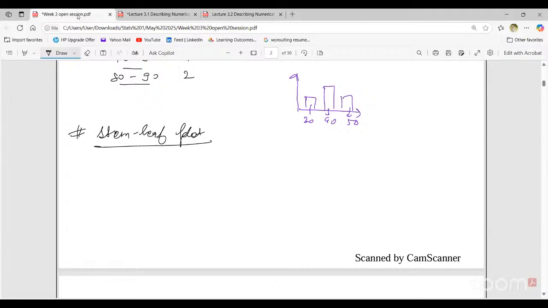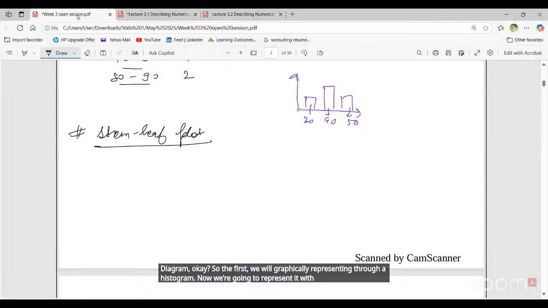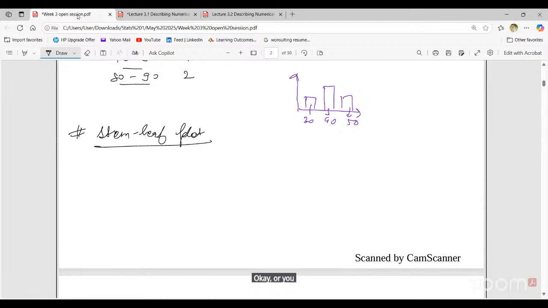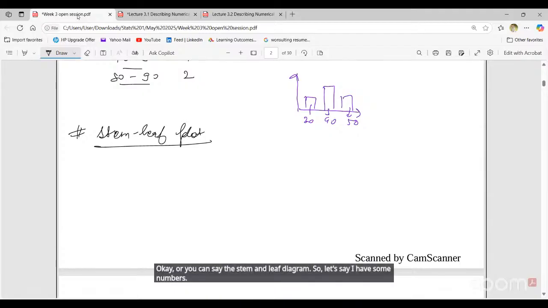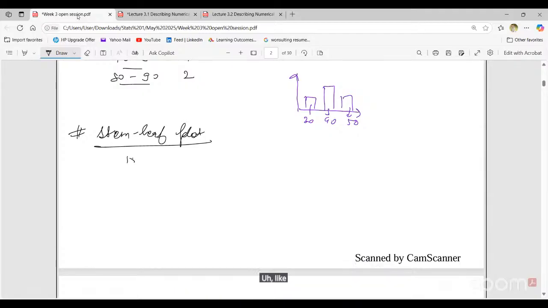Okay, now comes the stem and leaf diagram. First we graphically represented the data through a histogram. Now we're going to represent it with the stem and leaf plot, or you can say the stem and leaf diagram. Let's say I have some numbers like 15, 22, 16, 23, 31, 32.